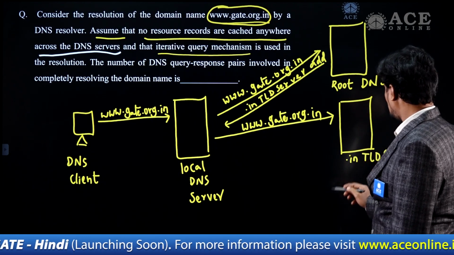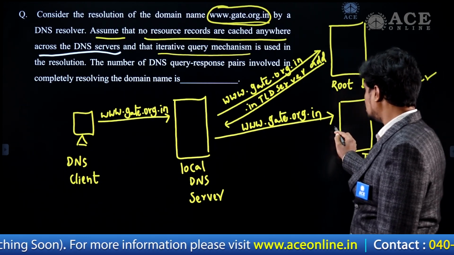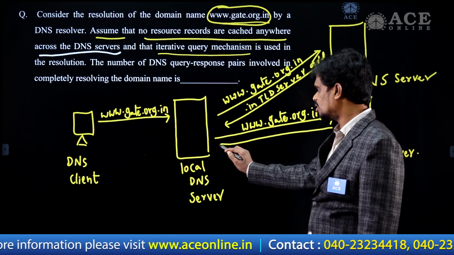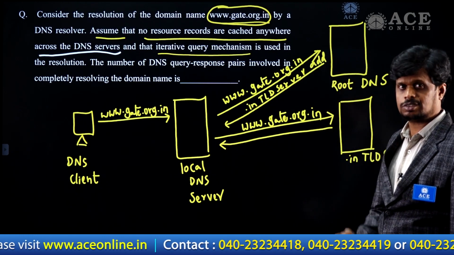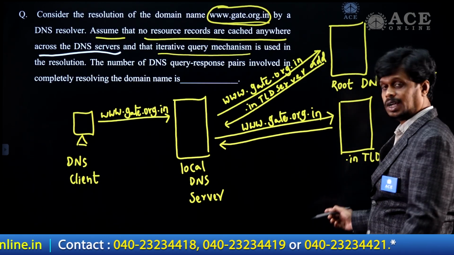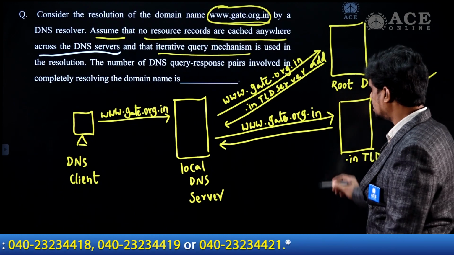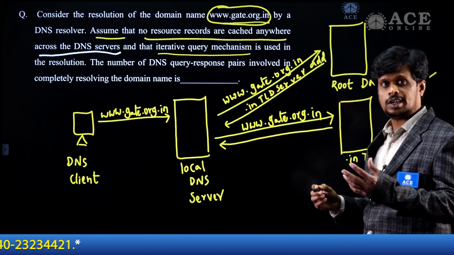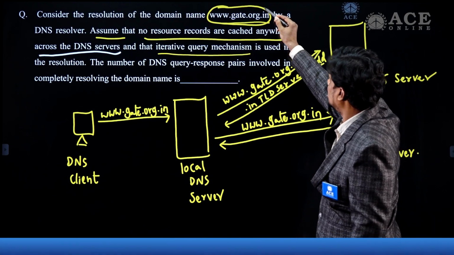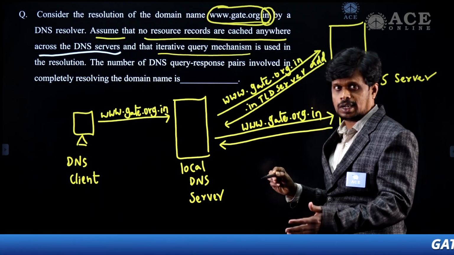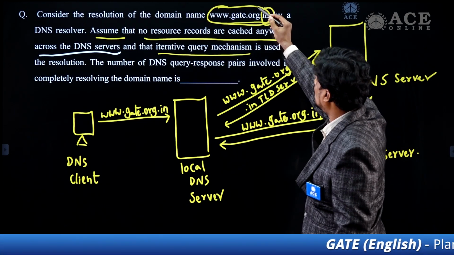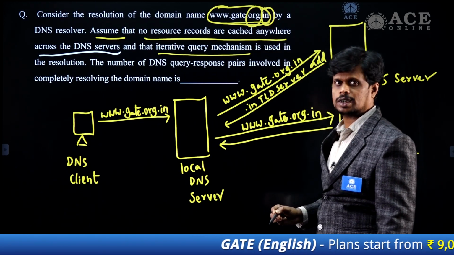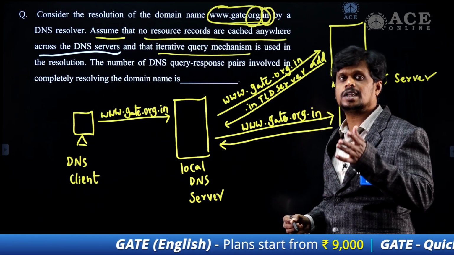Now this .in TLD server will give the reference address of the SLD server, or else you can say the second level TLD server. What is the second level TLD server? .org is generic. This portion, .in, is the country TLD server, and .org comes under the generic TLD server.